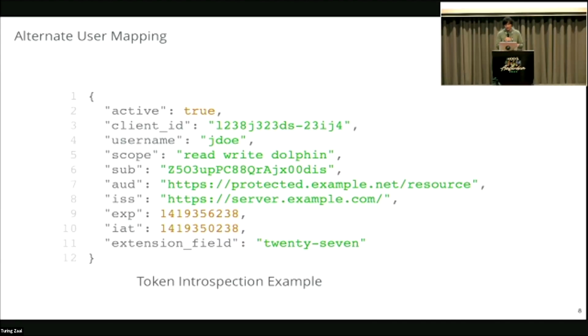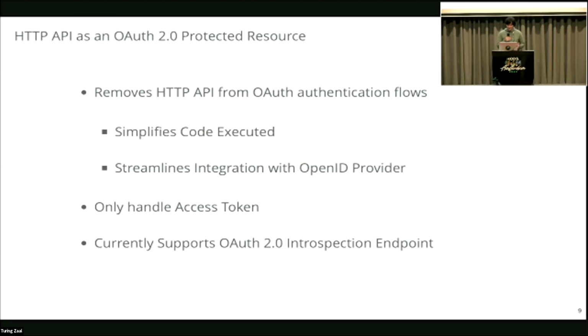I know I did when I took a look at it. But effectively, the only thing that is guaranteed here by the specification is line number 2, whether or not an access token is valid. That isn't to say you can't get any more information. It just means you need to take a look into your configuration to make sure you actually do have information available to map. So very important.